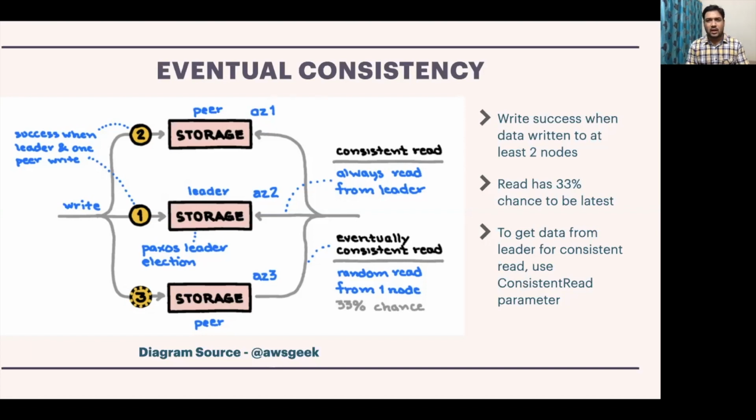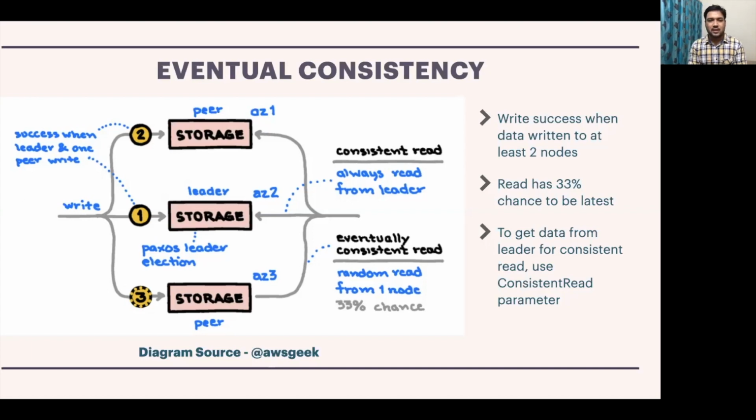Like I mentioned in the previous slide, there are at least 3 replicas of your data, and if 2 replications happen, then the success is considered. Now let's take an example that at the time of writing this data, there is some other service which is also trying to read the data from the same node.